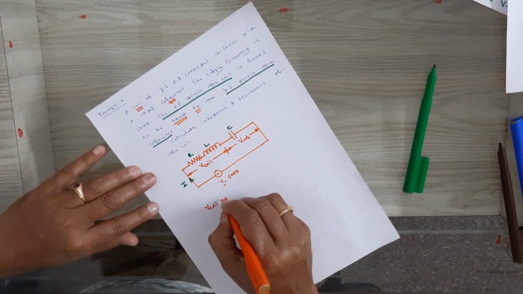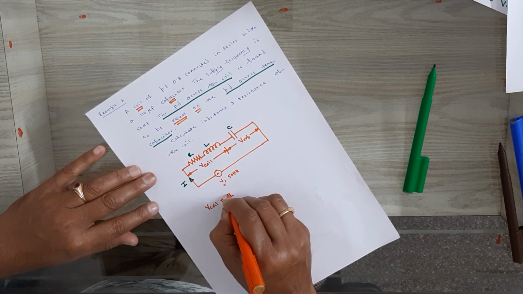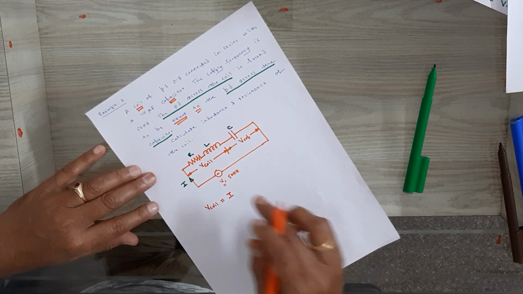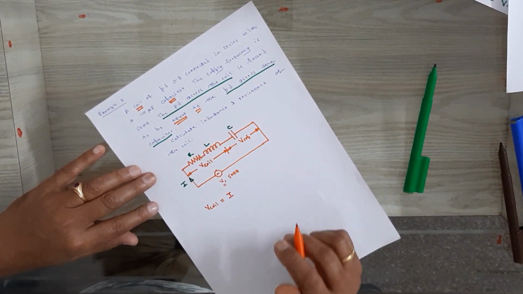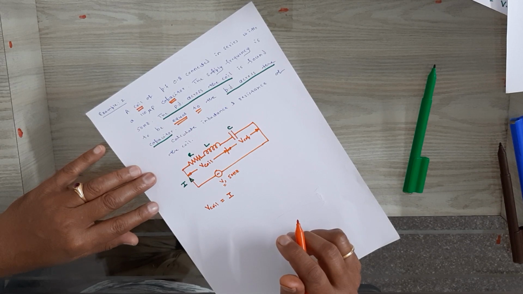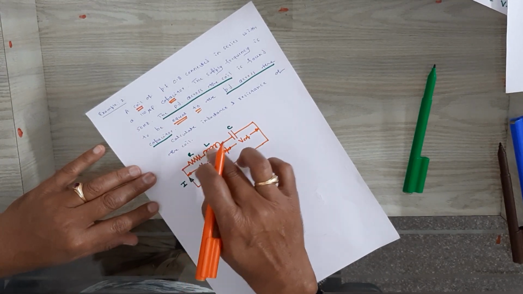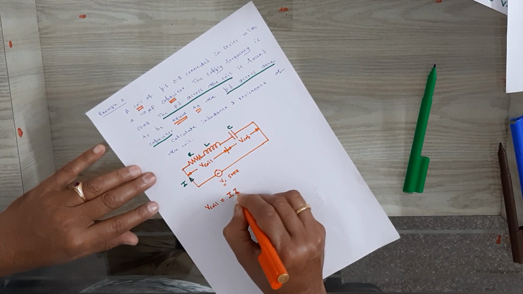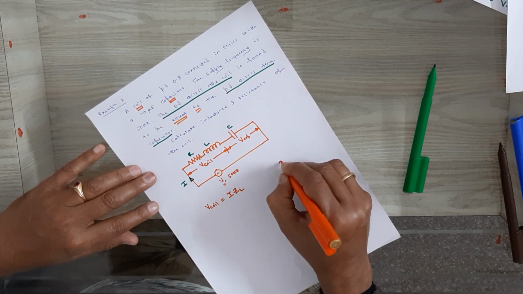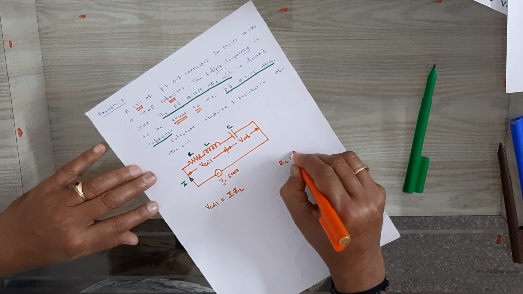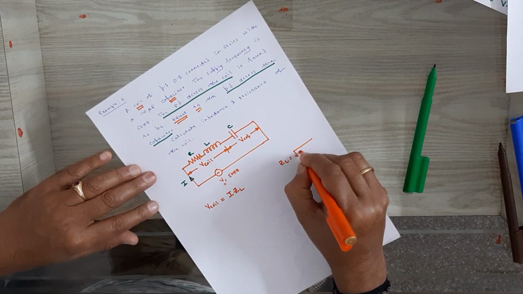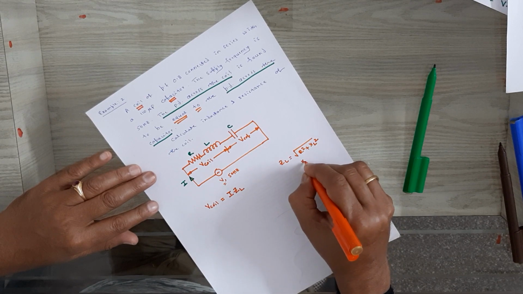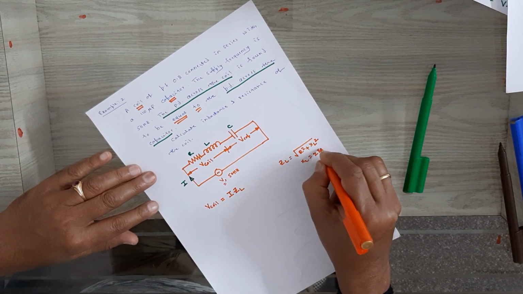It is a product of I, the current flowing through the resistance and the inductance, and the impedance of this RL circuit, which I will call ZL. That is I into ZL, where ZL is equal to under square root R square plus XL square, where XL is equal to 2 pi FL.